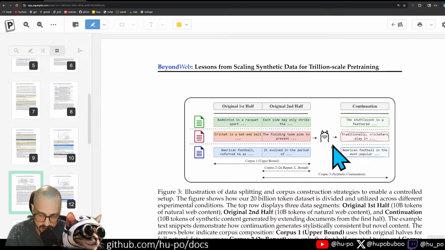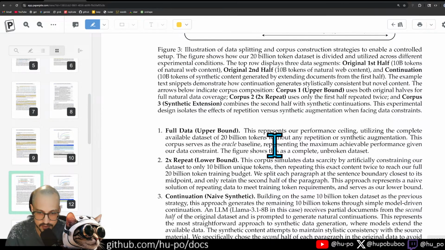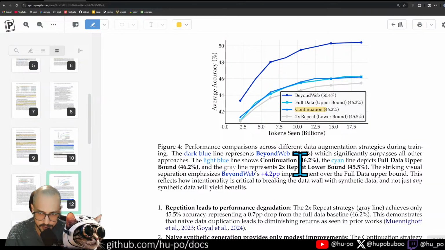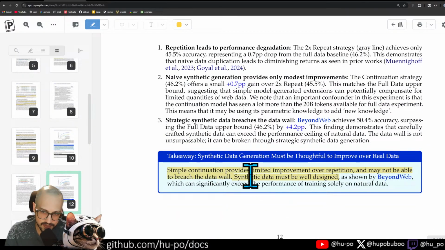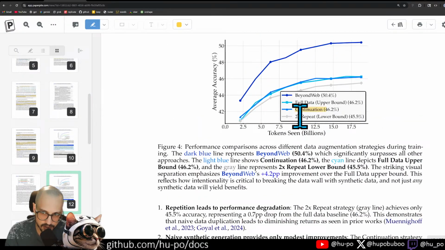It's expensive because the model that you're using for that continuation is potentially larger, just so it's not super hallucination prone. But that type of continuation barely beats, or is about the same as full data and barely beats the 2x repeat.